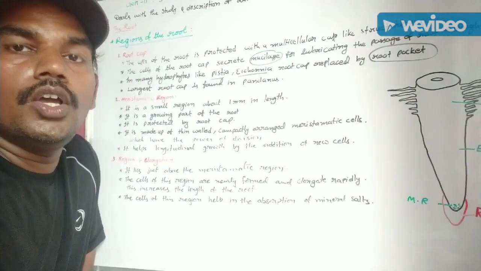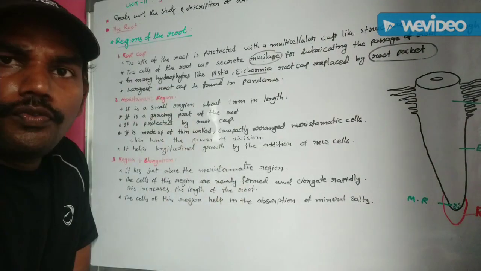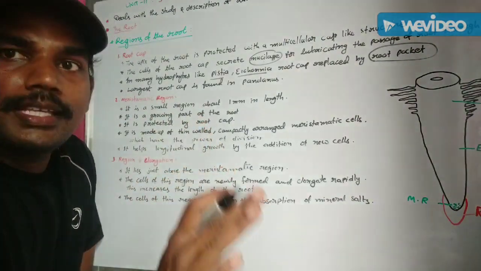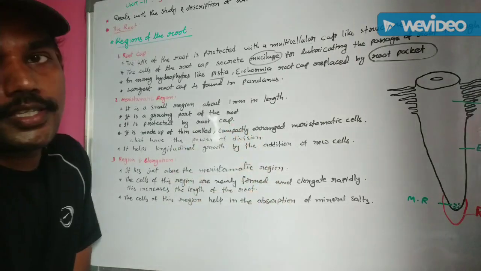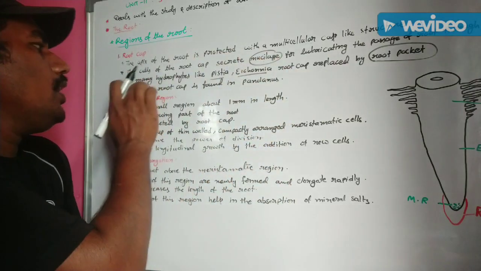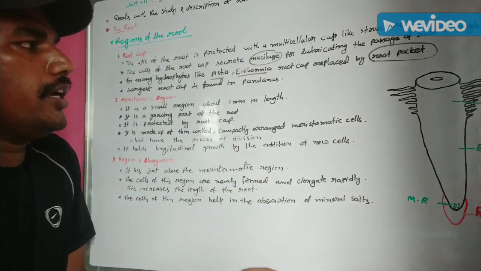They are called root pockets. This means in hydrophytes, the root cap is replaced by root pockets, as in Pistia and Eichhornia.